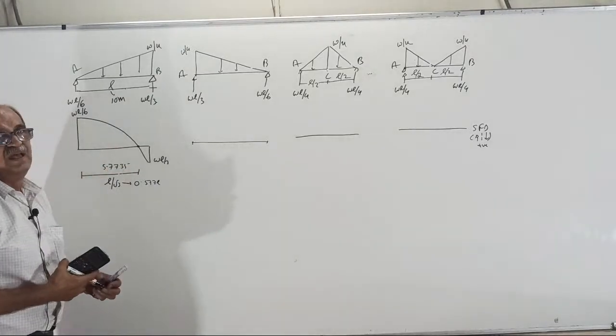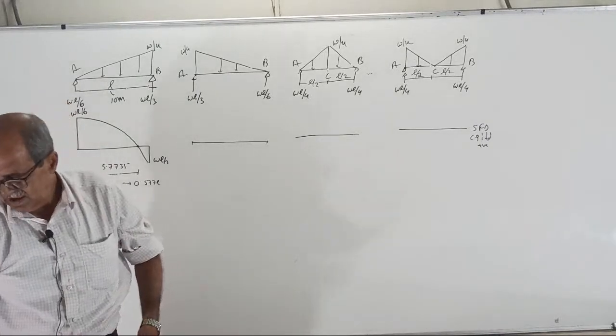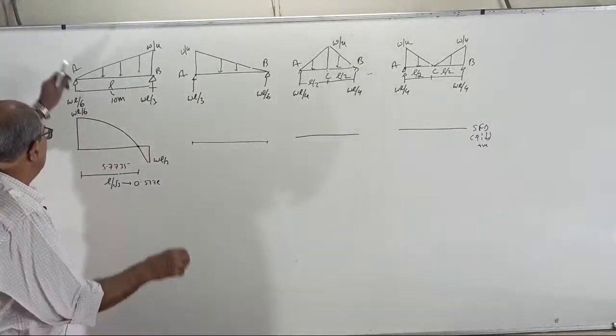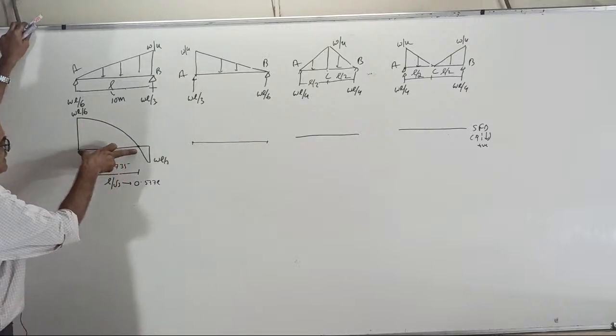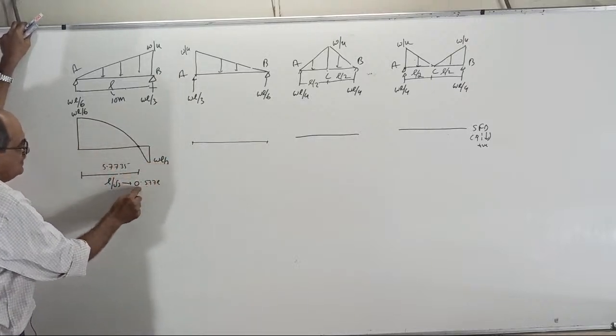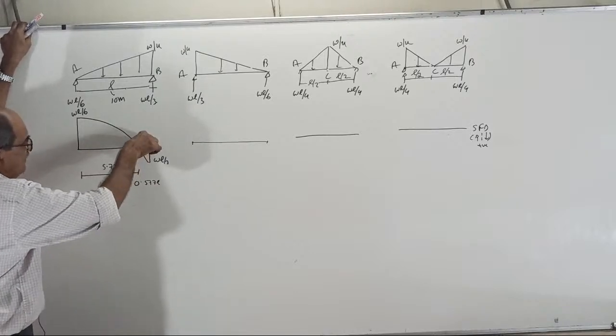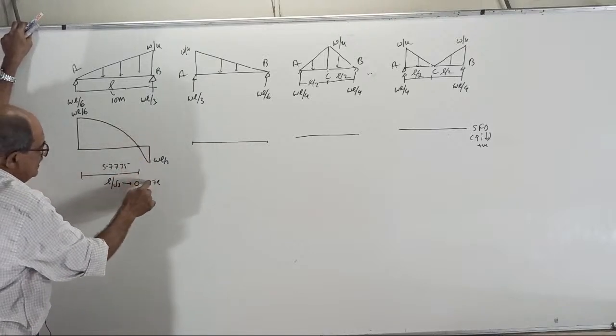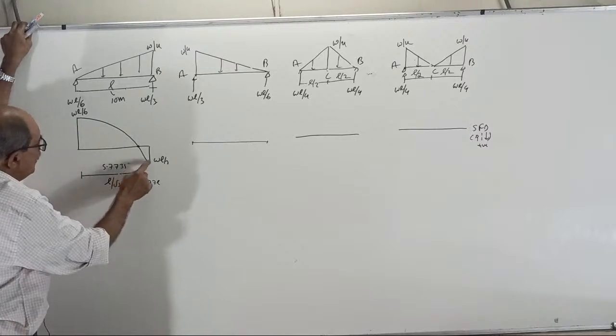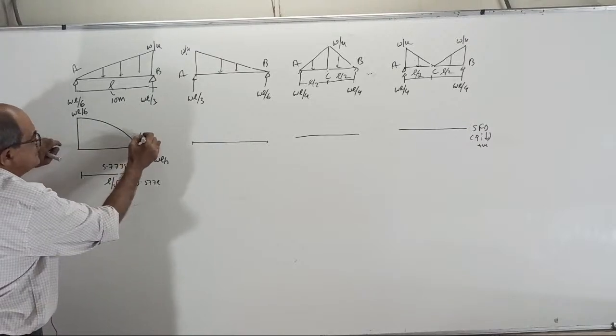Tell me, will anybody agree? If you write a diagram, you tell this is 5.7735, and this is how much? It comes to 4 point something.